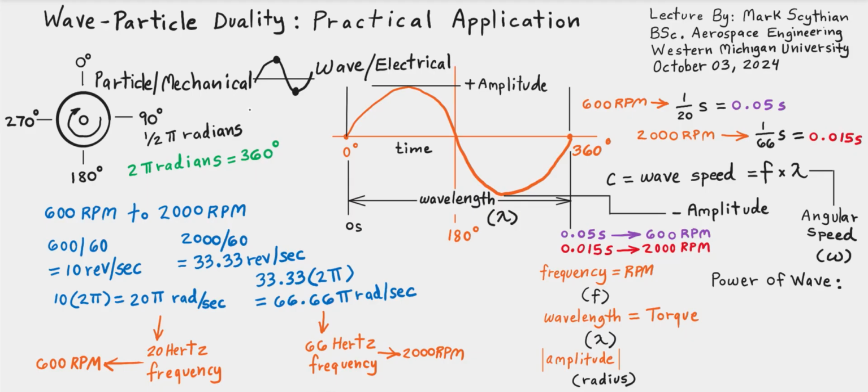I felt that this particular practical example would be something everybody could relate to, because more than likely, you've had a wheel speed sensor problem and you plugged in your OBD2, and it might have a sine wave graph on there somewhere in the diagnostics. So that's all this is.